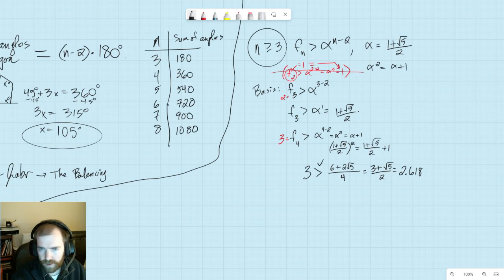And this value here, our phi value, is 1.618. I meant the other way around. 3 is greater than 2.618. 1.618 is what we got here.